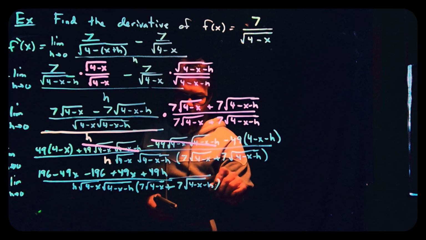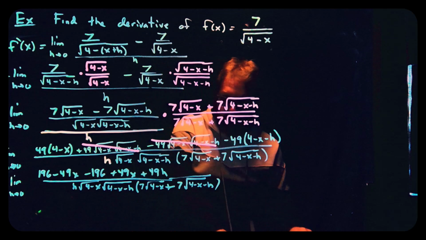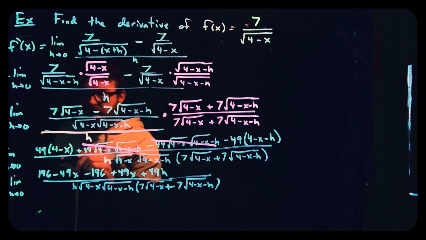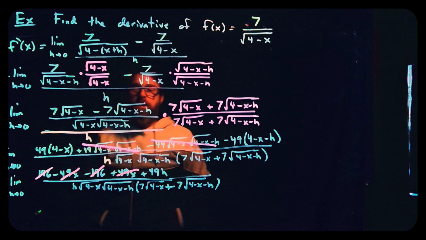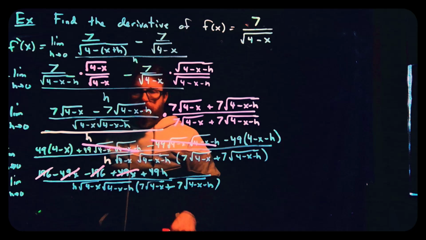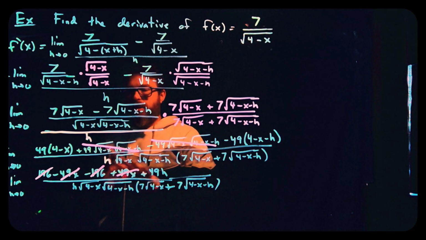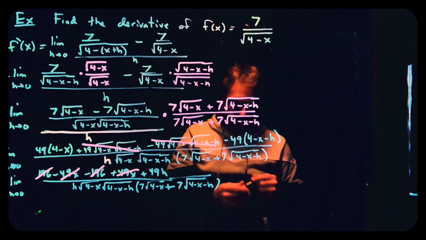So without writing so much, I'm going to do some simplifying. We're going to do some canceling with that h. Those 196 go away, which is awesome. Same thing with the 49x's. So now this thing is going to simplify to 49h over h. I usually like to rewrite it because you have to do the additions and subtractions before we can finally cancel that h.